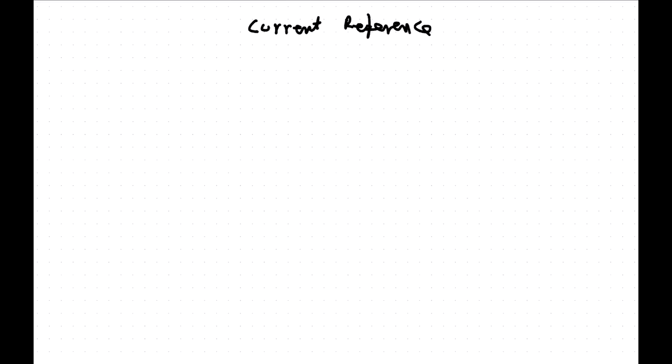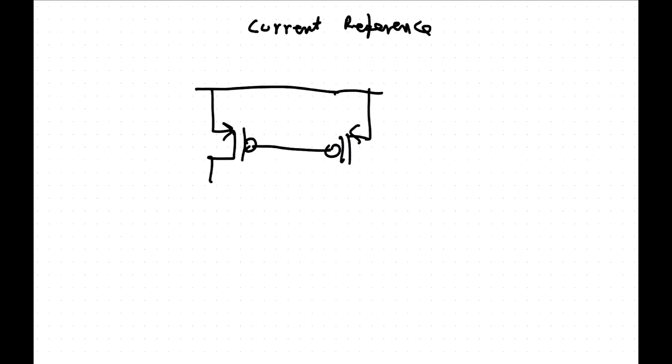Okay, maybe I do this version here. So this is a typical current reference circuit. It is very commonly used. You can embellish on it with putting in cascodes and all that usual jazz.